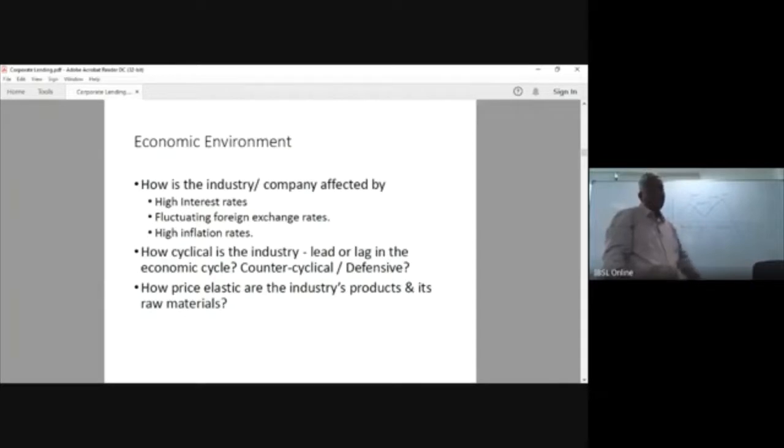We don't lack in the economic cycle. In all the countries, business is not static. It is cyclic, going up and down. In our country, it cannot be seen very clearly.